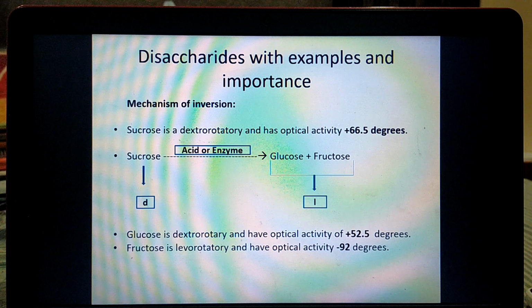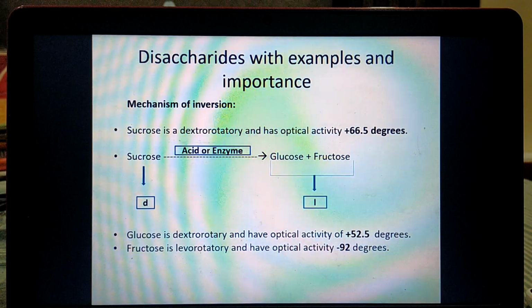So if you compare the optical activity of glucose and fructose, the optical activity of fructose is more as compared to glucose. Therefore a test tube which contains equimolar quantities of glucose and fructose shows levorotatory optical activity.